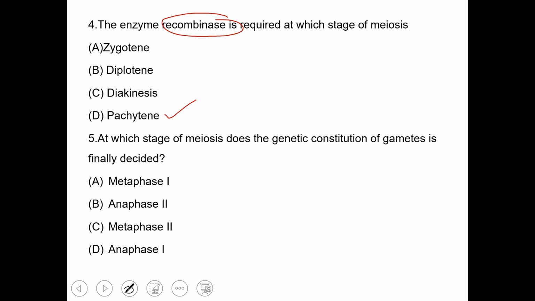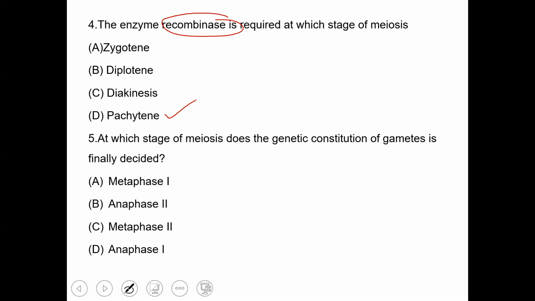Next one, at which stage of meiosis is the genetic constitution of gametes finally decided? So genetic constitution, at which phase is it decided? We know that at anaphase 2, whether the disjunction has happened or not, whether the chromosomes have been separated or not, will be checked.